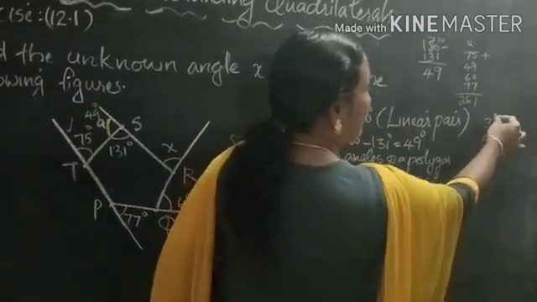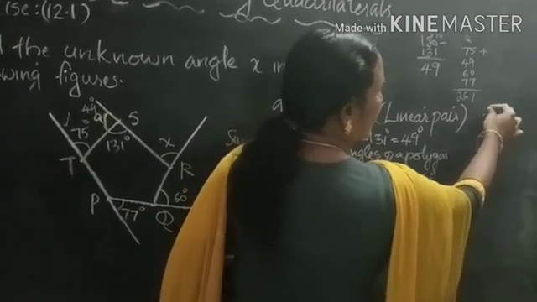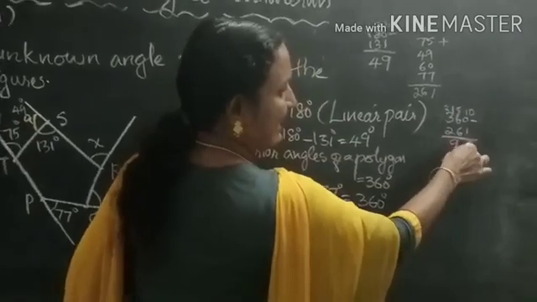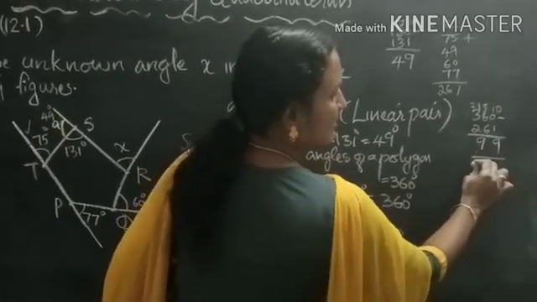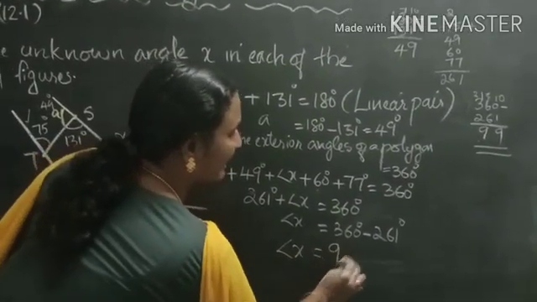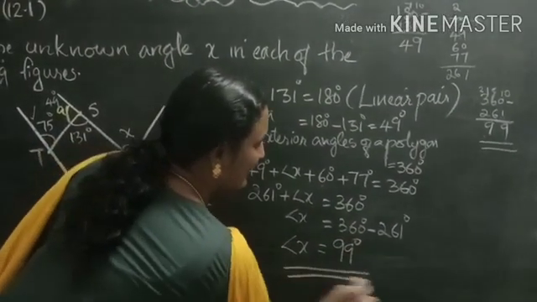Again 5 minus 6 is not possible, so we take 1, 15 minus 6, 9. 2 minus 2, 0. So angle X is equal to 99 degree.